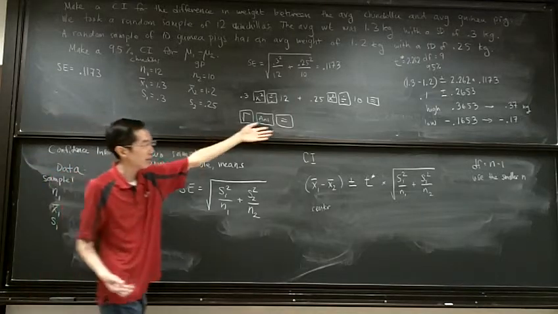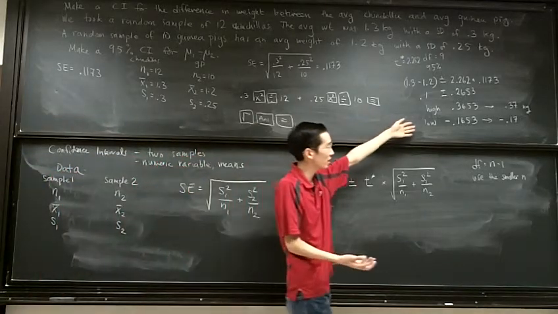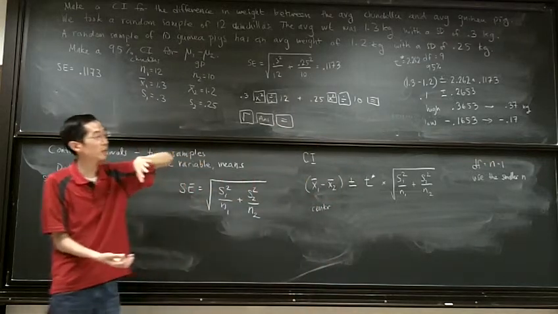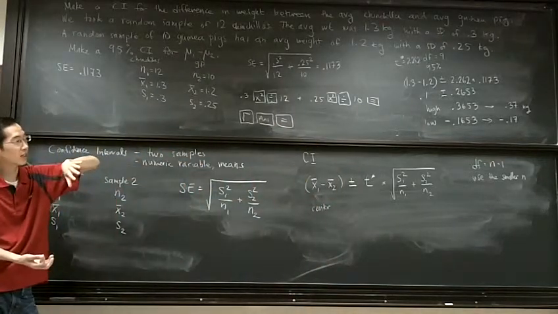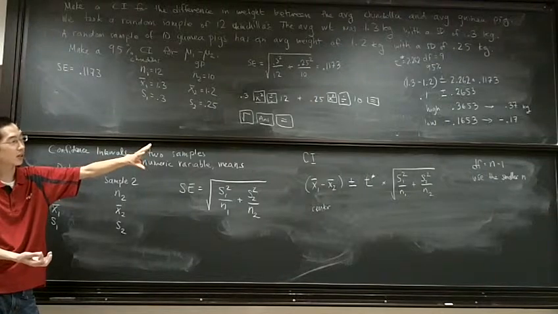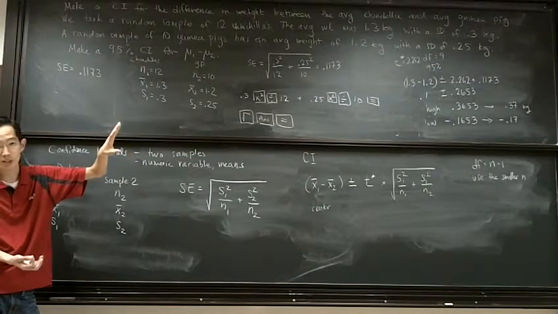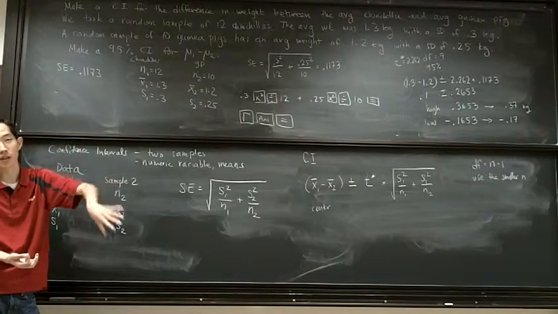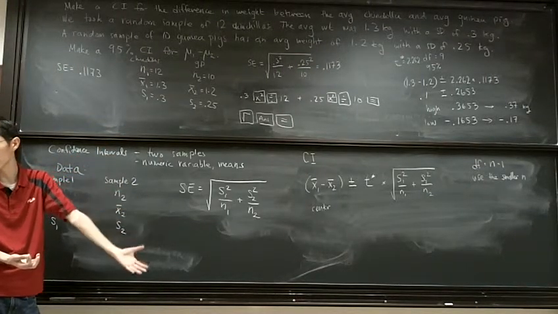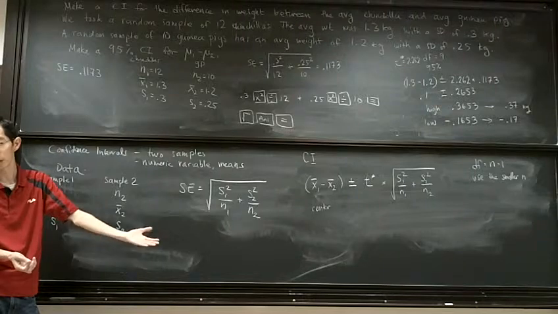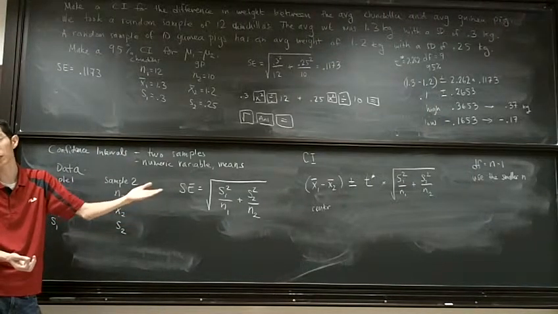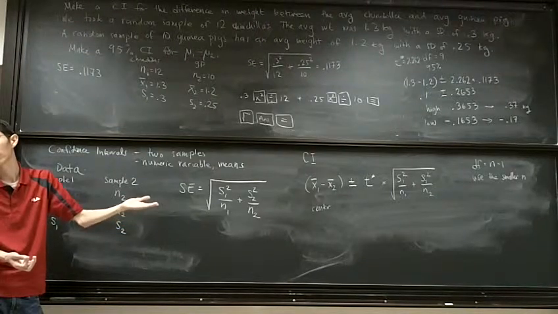So, here, talking about chinchillas and guinea pigs, I'm saying I am 95% confident that the average chinchilla is between 0.37 kilograms more and 0.17 kilograms less than the average guinea pig. So what does that mean? Do we have evidence that the average chinchilla is different from the average guinea pig?